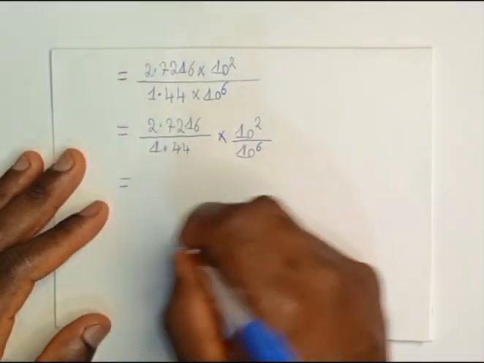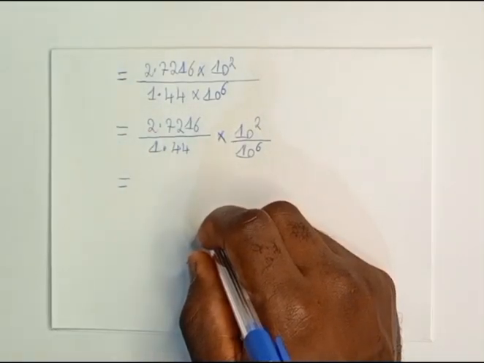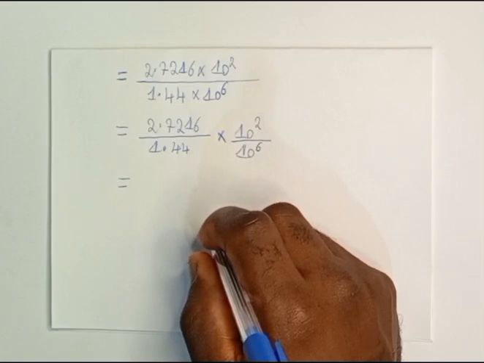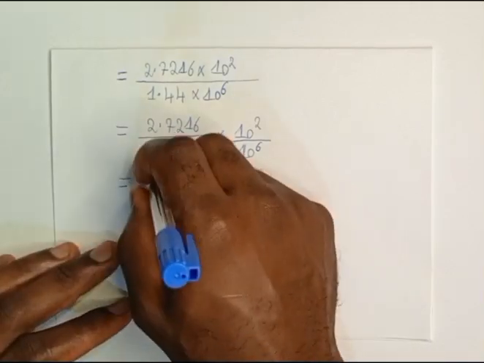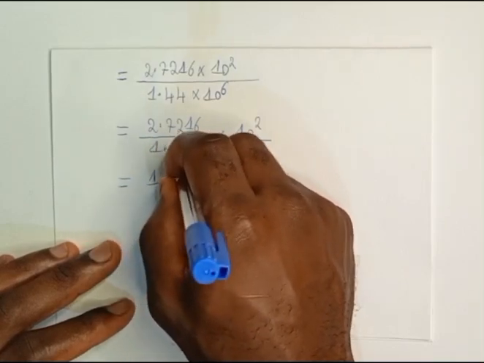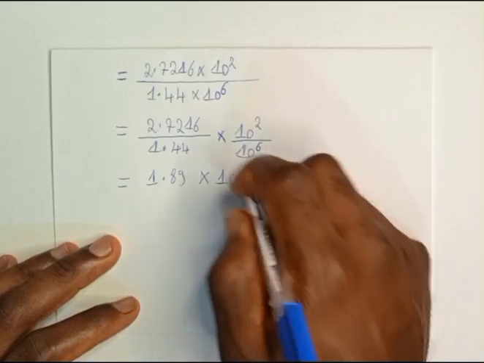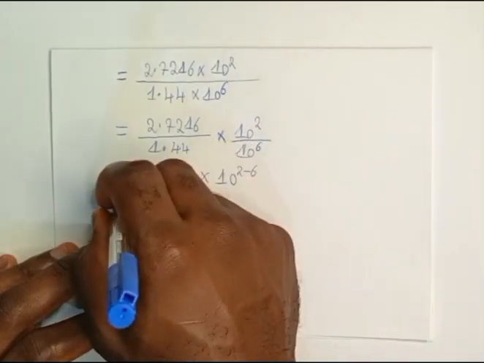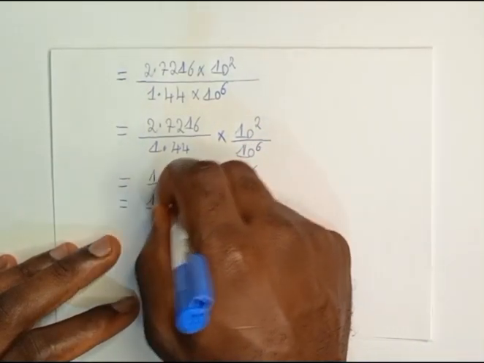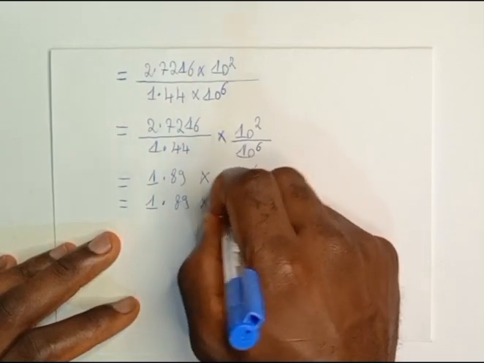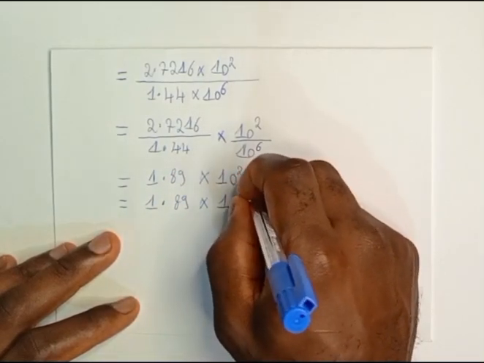And this will simply be equal to 2.7216 divided by 1.44 gives us 1.89 times 10 raised to the power, we are going to subtract the powers, 2 minus 6, and this will be equal to 1.89 times 10 raised to the power negative 4.